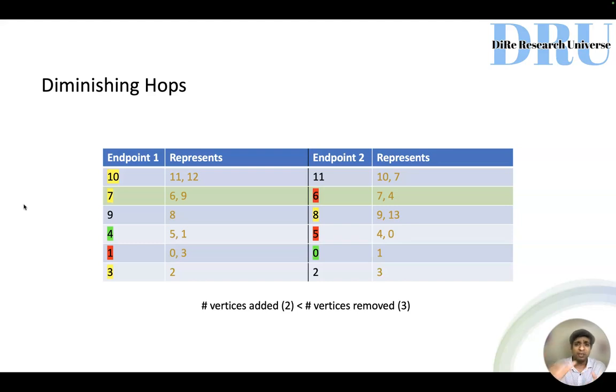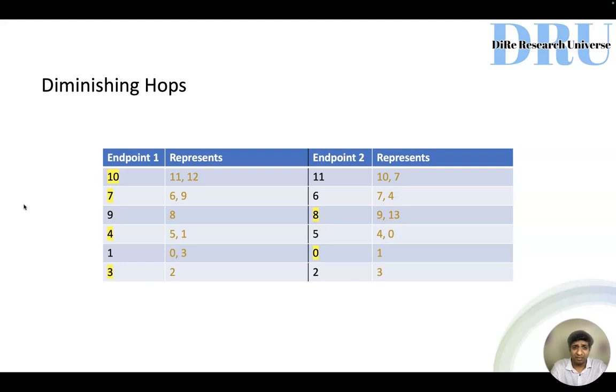So we have diminished the size of the vertex cover, and now the vertex cover that we have consists of 6 vertices only, and we know for sure that there is no way we can reduce the size of a vertex cover below 6. So this is indeed our minimum size vertex cover that is derivable from this representation table.